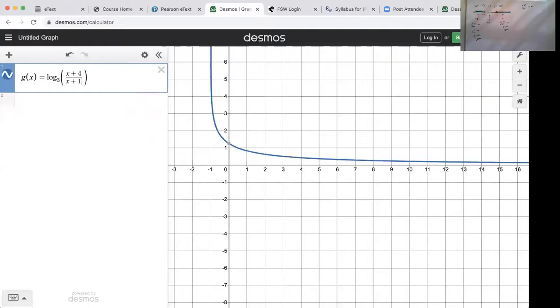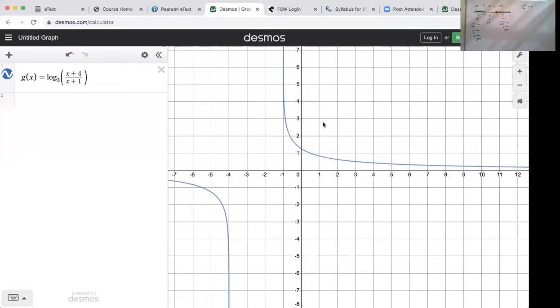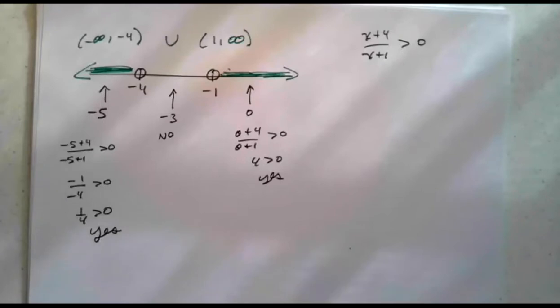And what do you think? Do you see -infinity, -4, 1 to infinity? No. It's -1 to infinity. I have a little typo here. Let's fix it.